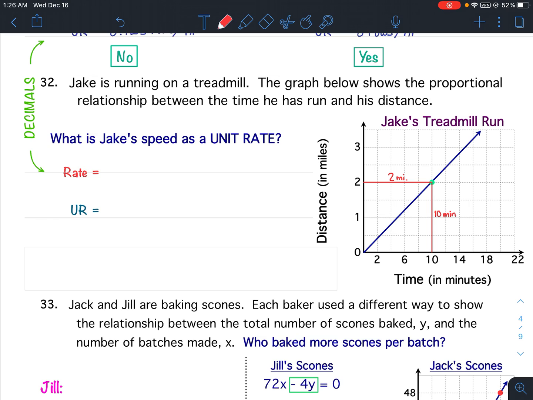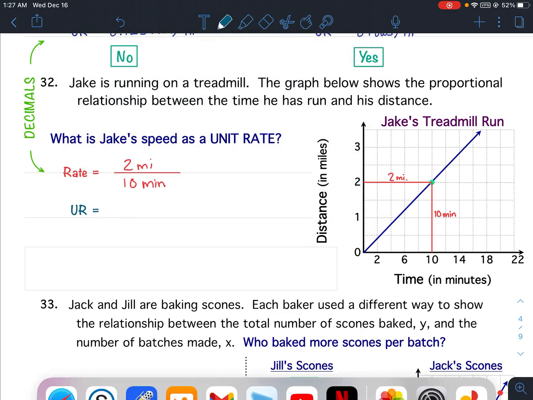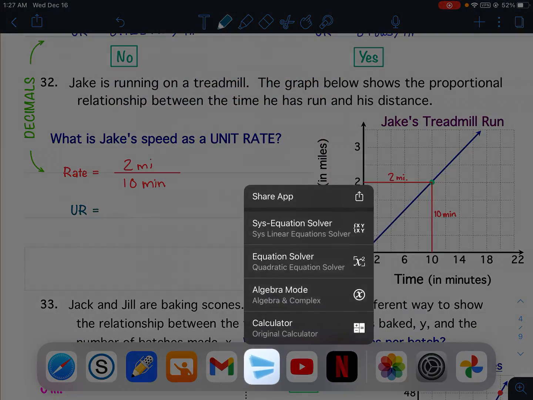So to set up the rate, remember it's your miles per minute that we're finding. So 2 miles in 10 minutes. Put that in our calculator.